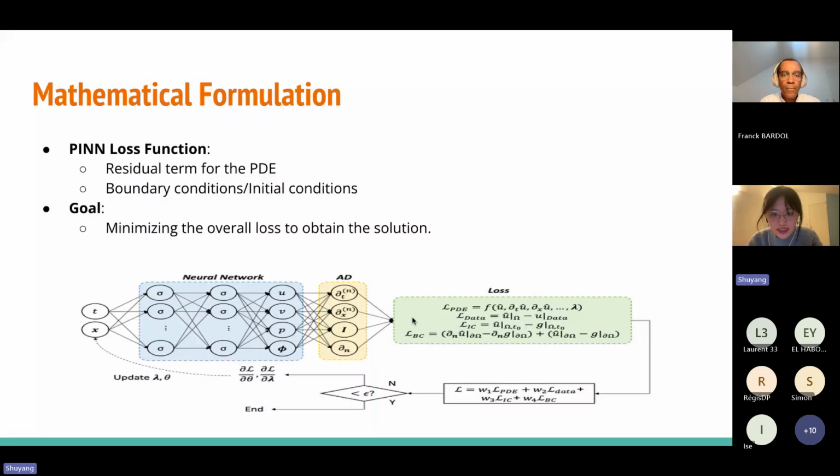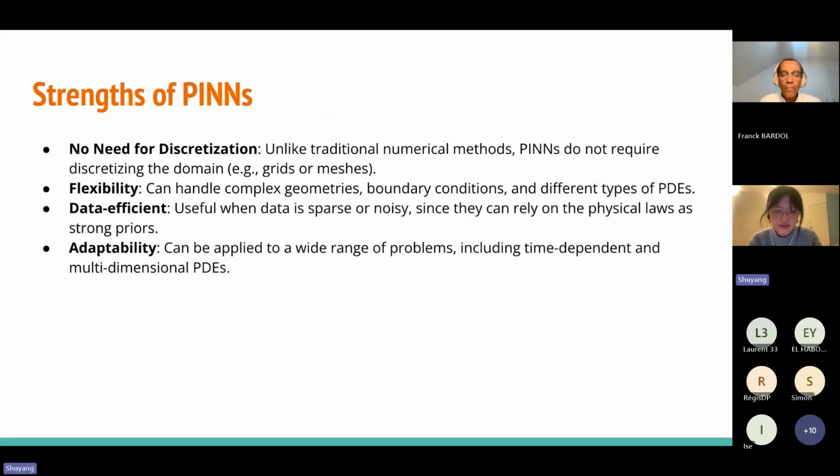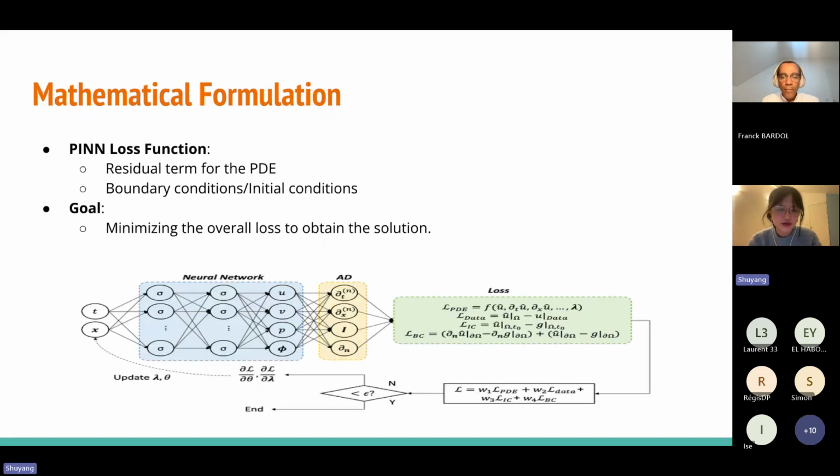I hope you get my point. And also, you let the output of the neural network take values on the boundary and at the initial points, and these minus the required initial and boundary conditions should be as close to zero as possible.